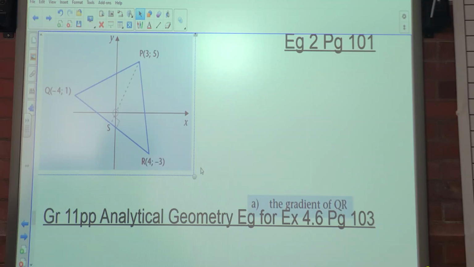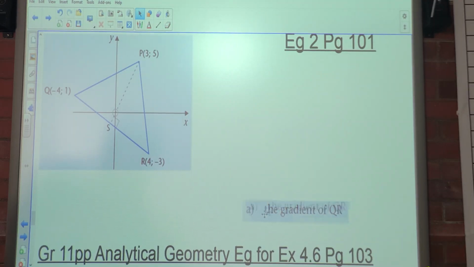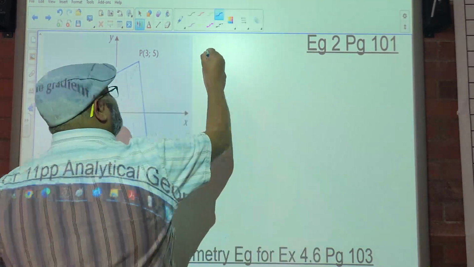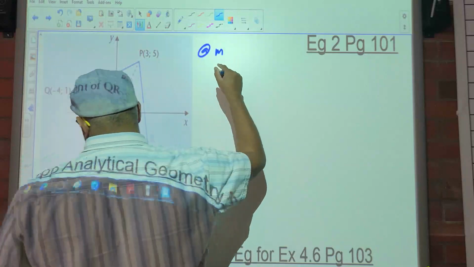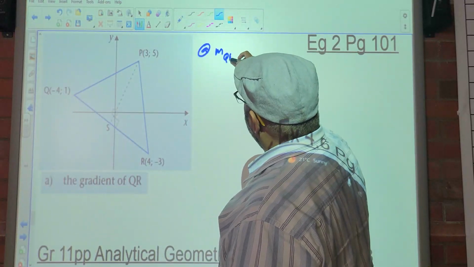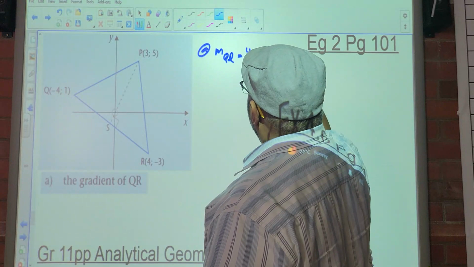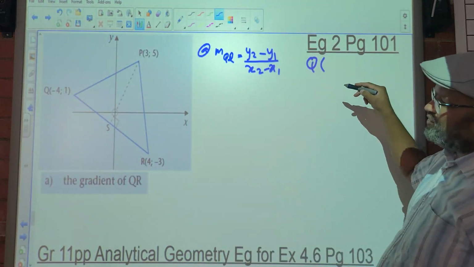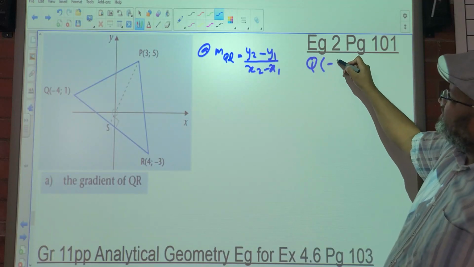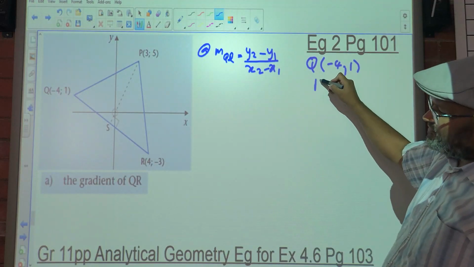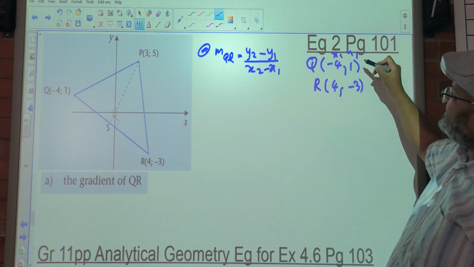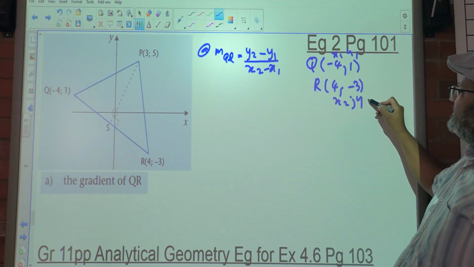First question, A, says calculate the gradient of QR. People, how do you calculate gradient? Change in y over change in x. The gradient of QR is y2 minus y1 over x2 minus x1. Make a habit of writing the coordinates you're using on the side. We've got Q (-4, 1) and R of course is (4, -3). That's x1, y1, x2, y2.